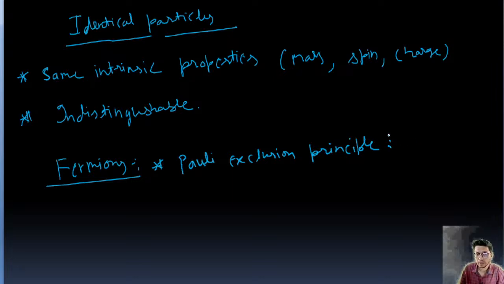And the wave function for fermions is antisymmetric, guys, and that is psi equals psi space into psi spin into psi isospin.